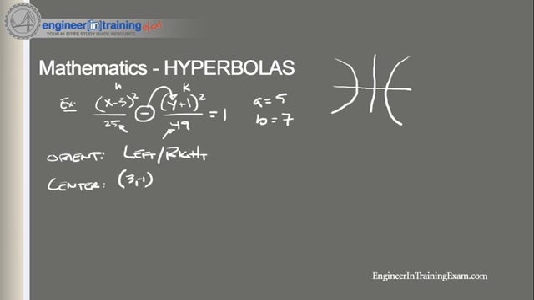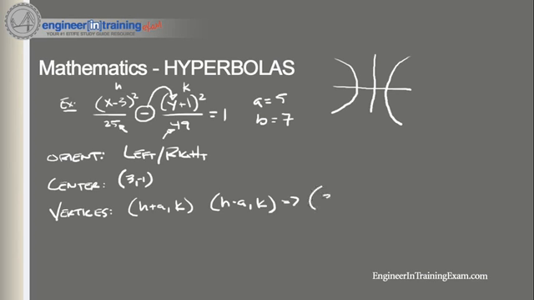So once we have the center, we can determine the vertices on both sides, and we know that given our general equations, one is going to be h plus a, k, and the other is going to be h minus a, k.